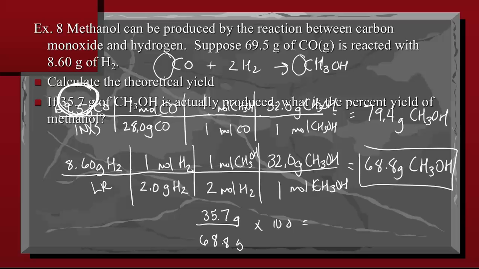The question itself will always give you how much was recovered. You divide that by how much you should have gotten, which is your theoretical yield. The answer is 51.9%. That's that little step that I told you we had to add. That's it.